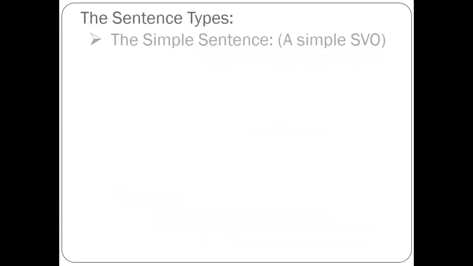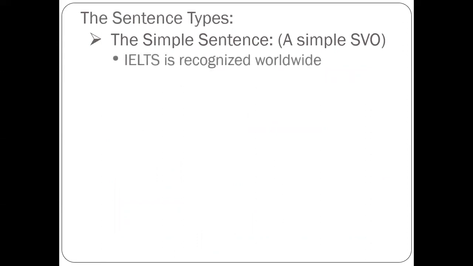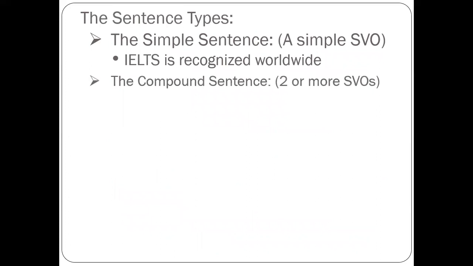Okay. So sentence types, you have the simple sentence, a simple SVO. IELTS is recognized worldwide. And then you have the compound sentence, two or more SVOs. IELTS is recognized worldwide, and tests cost, oh my God, this is like from way back, man, 9,000.